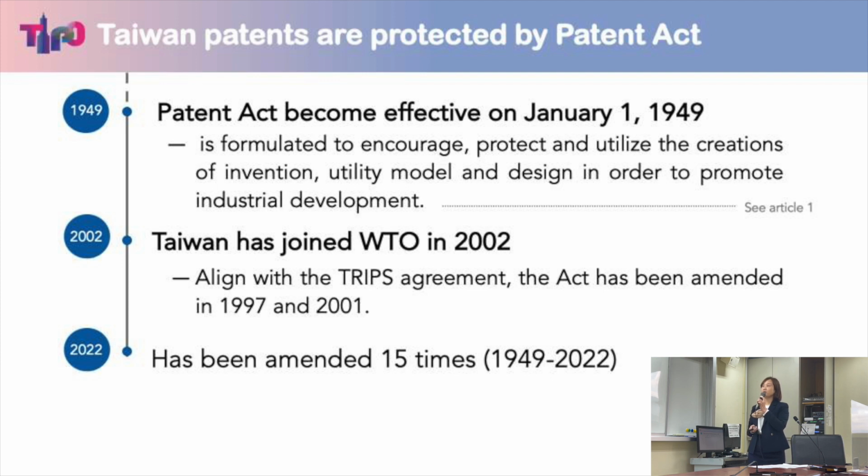The Patent Act is formulated to encourage, protect, and utilize the creation of invention, utility model, and design in order to promote industrial development. Taiwan joined the WTO in 2002. In order to align with the TRIPS agreement, the Act was amended in both 1997 and 2001. All in all, the Patent Act has been amended 15 times in total.